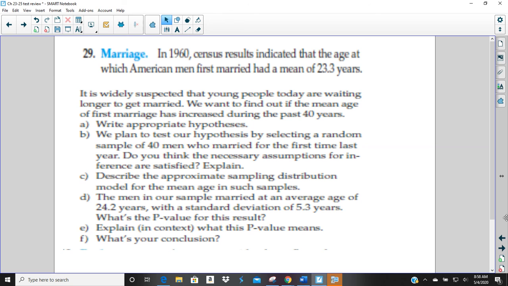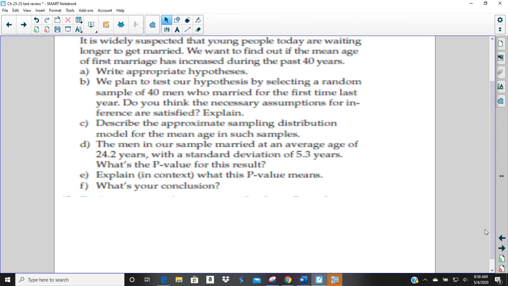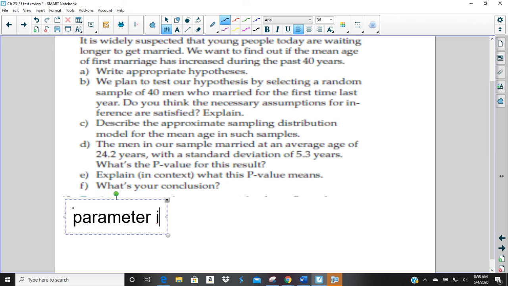The first thing they want us to do is write an appropriate hypothesis. Our parameter is the age of male marriage.